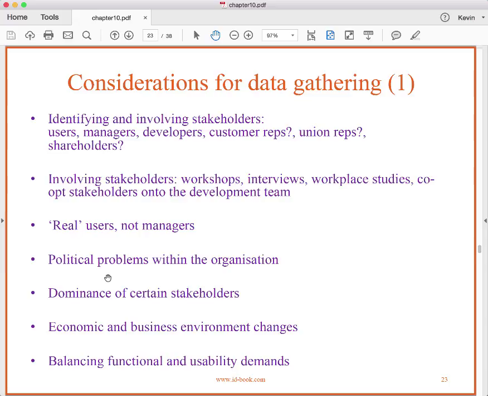We need to be aware of any changes in the economic or the business environment that are relevant to our circumstances. And we have to keep in mind the need to balance functional demands with usability demands. Okay?